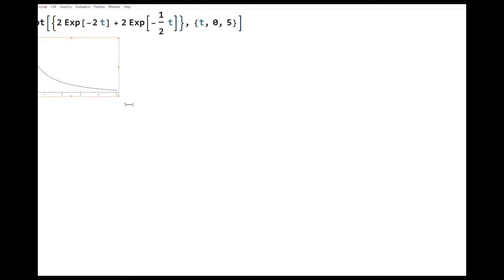Okay, so this would be the curve. So yeah, it's hard to tell if this is a single exponential or two exponentials, but it is the sum of two exponentials.